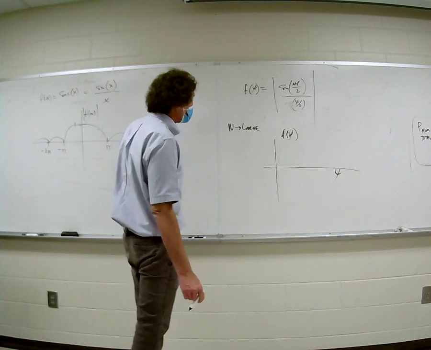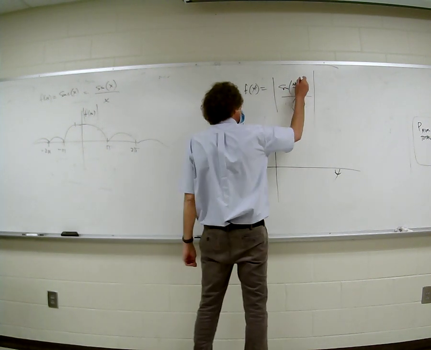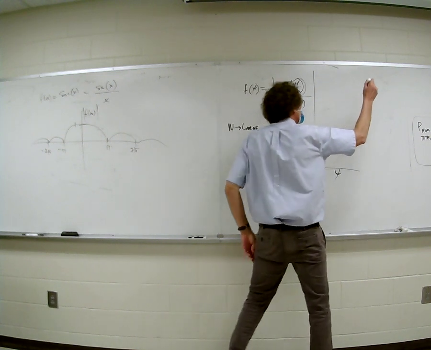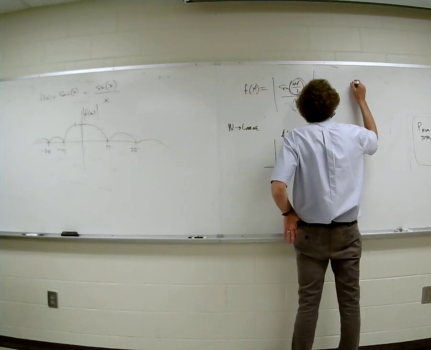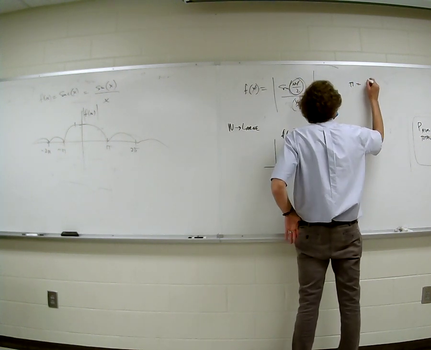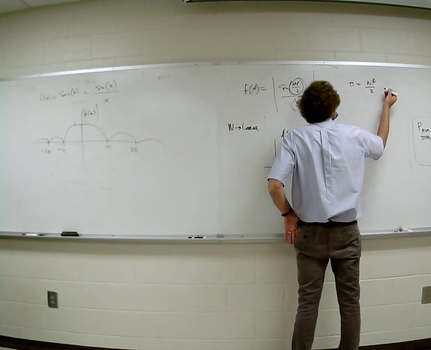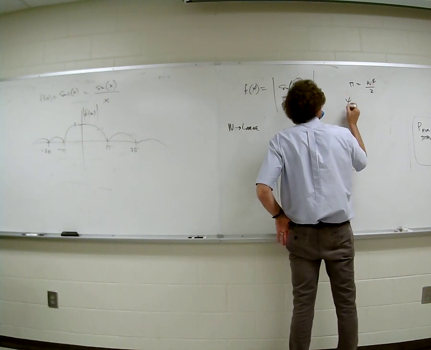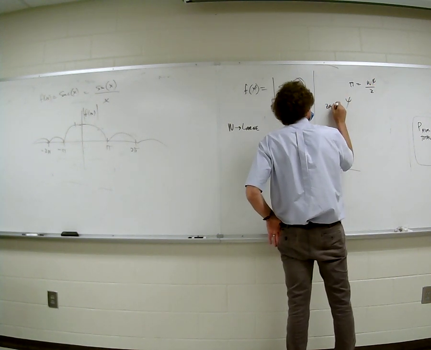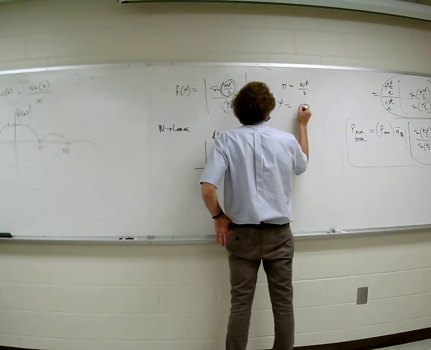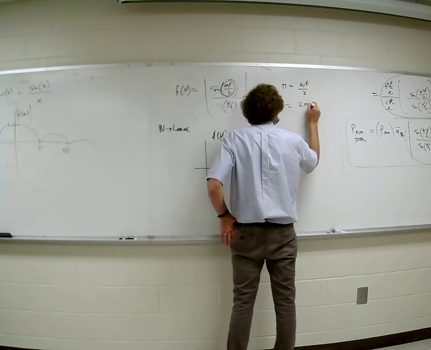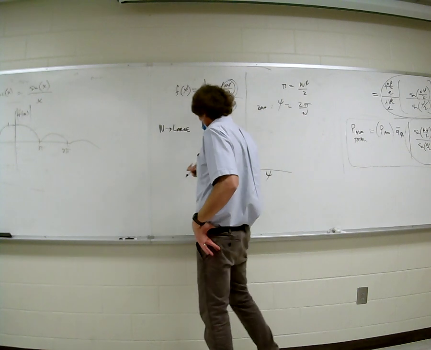So what happens there? Well, my first 0 happens when n psi over 2 is equal to pi. Or we can say the first 0 occurs when psi itself is 2 pi over n. Can you all see that?